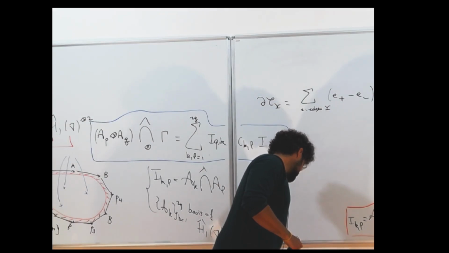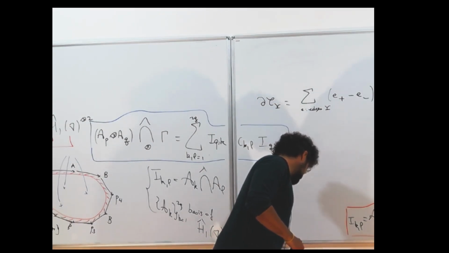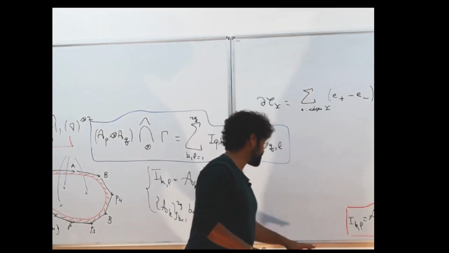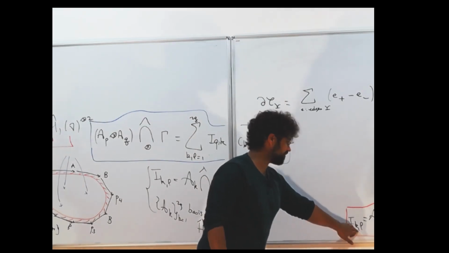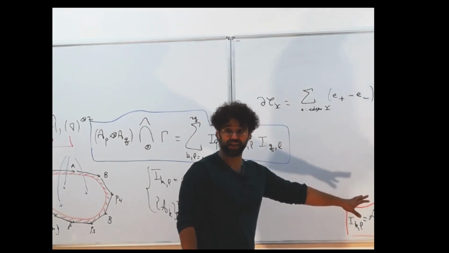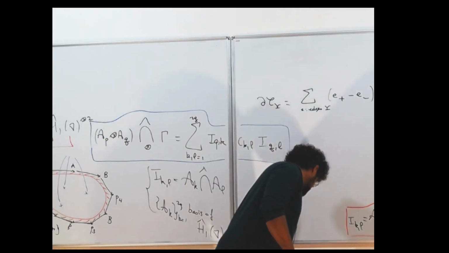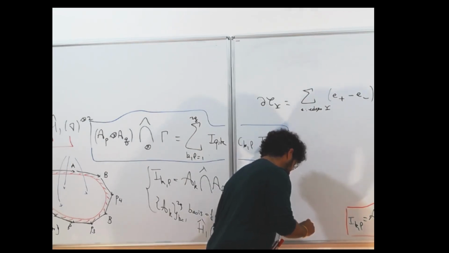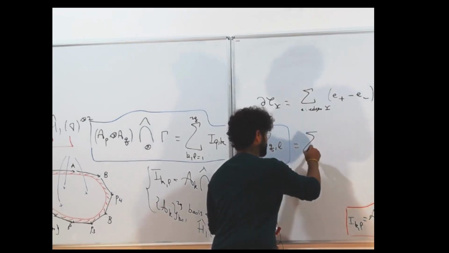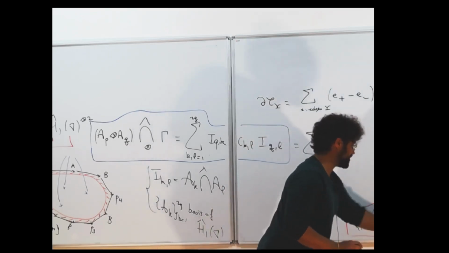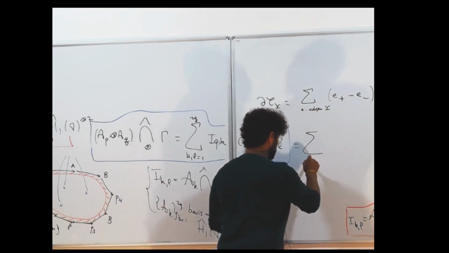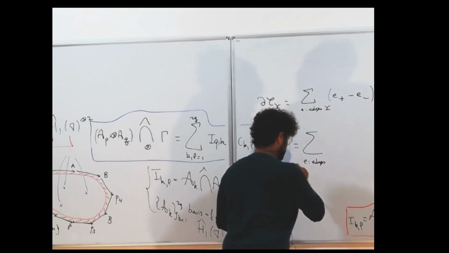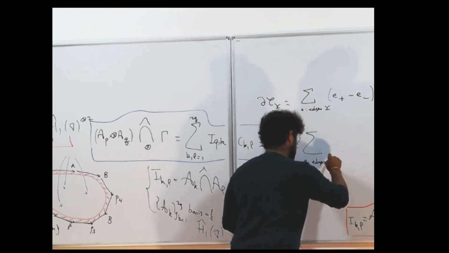Now if we use the expression for the I_KLs that we have obtained from the decomposition of the AKs and ALs, what we get is a sum again on the edges of gamma.